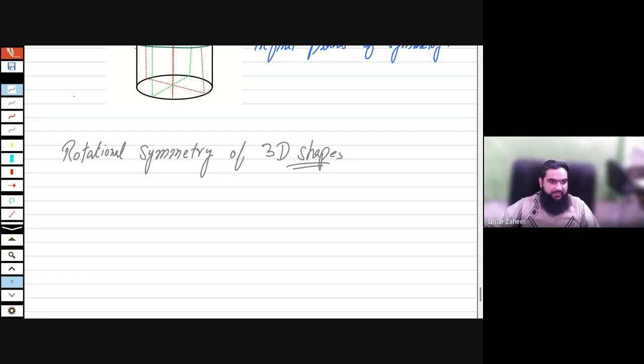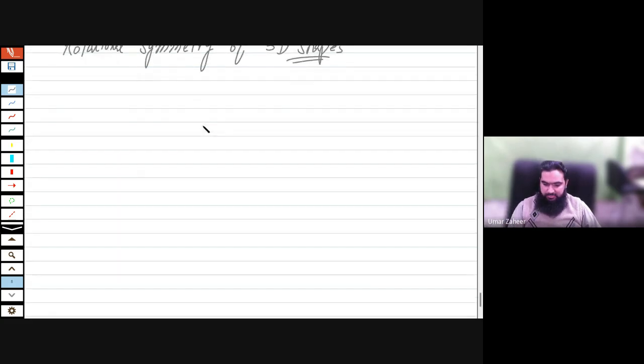That is rotational symmetry. I do not have more shapes, but I have one shape. But after that, it is going to be very clear how to make a symmetry. Let me make it by myself.